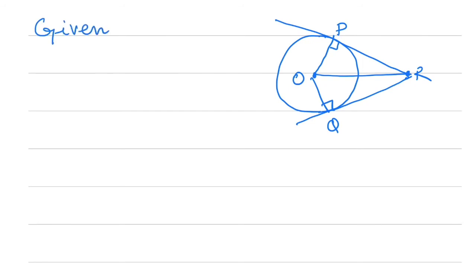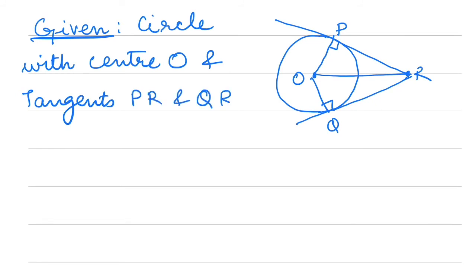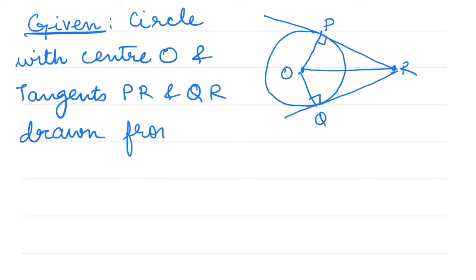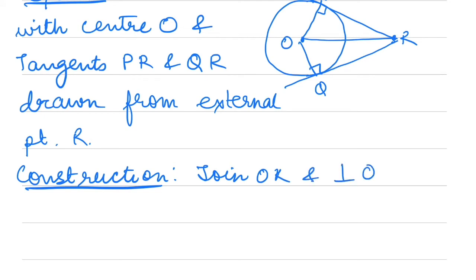Given: a circle with center O and tangents PR and QR drawn from external point R. Construction: join OR, and perpendiculars OP and OQ.